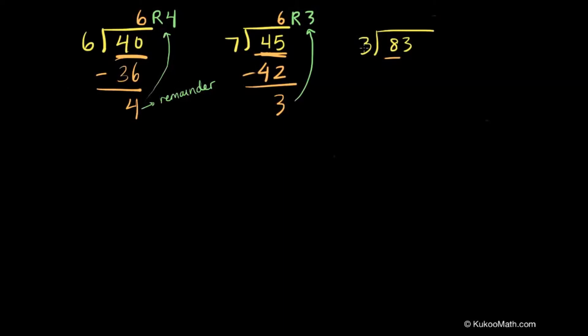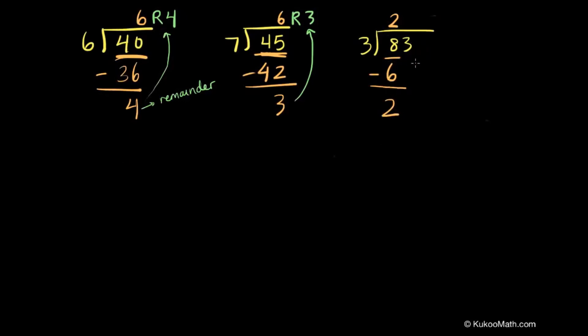The answer is 3 times 2, which is 6. So we're going to write the 2 on top of the 8 this time, because this is the only digit that we're considering. And then we multiply. 3 times 2 is 6. And then we subtract. Ignore the 3 for now. So 8 minus 6 is equal to 2.